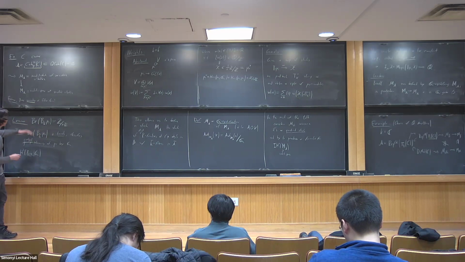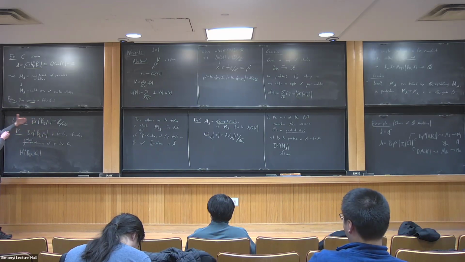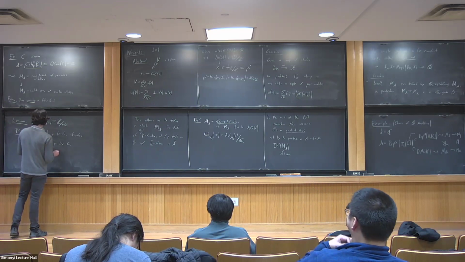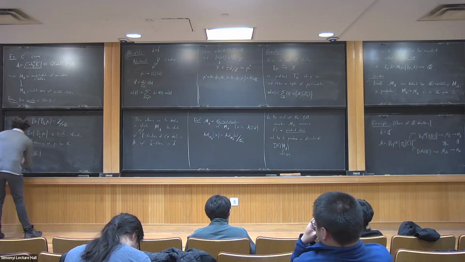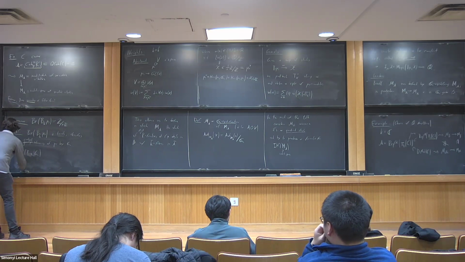Then if you pass to the classifying stack over a finite field, you just need to understand in which way you can twist the descent data. That's given essentially by the following.